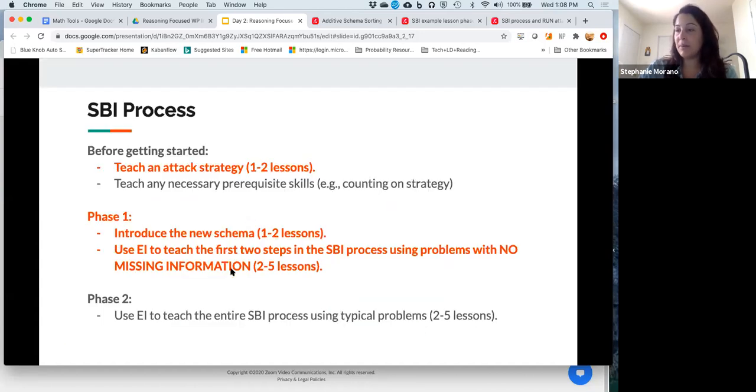no missing information. Someone on Monday mentioned a colleague talked to them about solving problems that didn't have any numbers in them, no quantities, nothing to solve for. In schema-based instruction, we use problems that don't have any missing information.